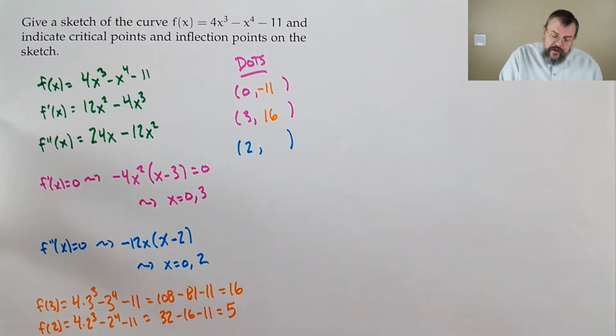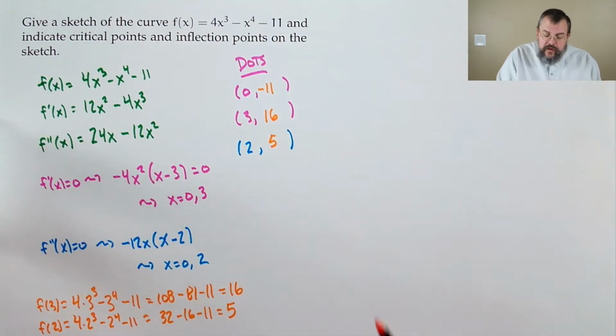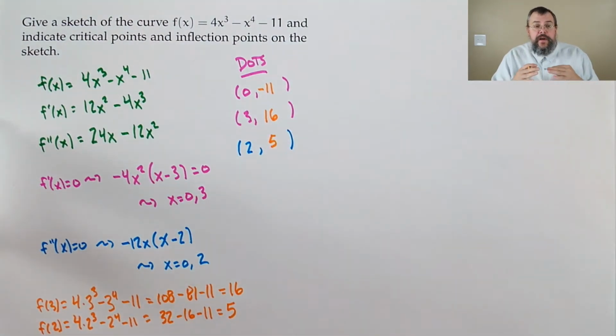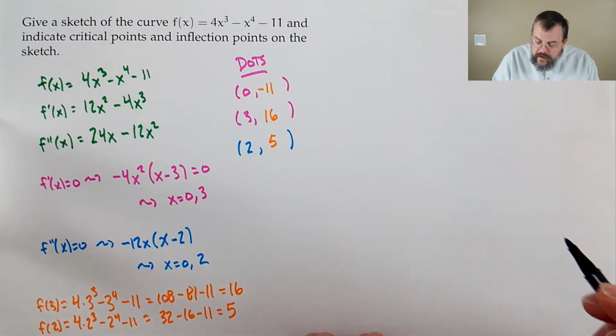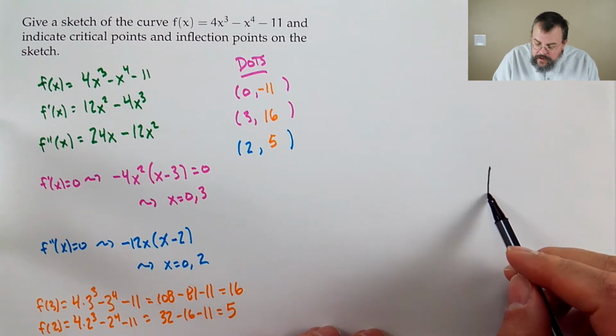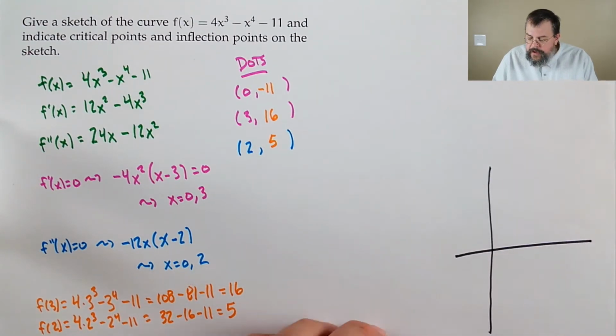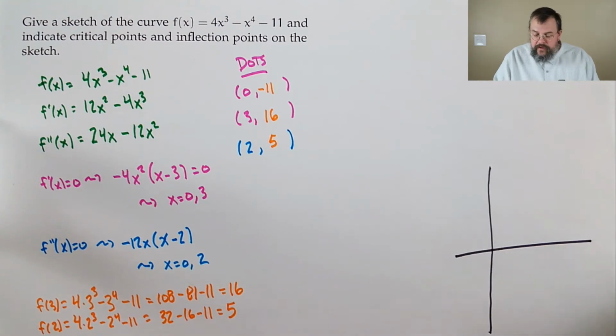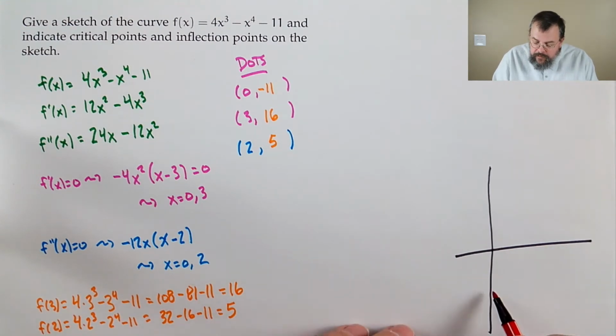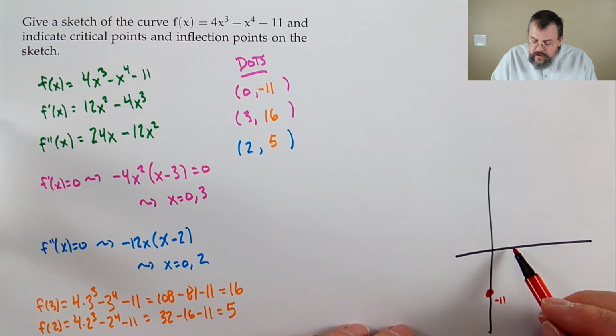Well, the next thing for us to do is we need to understand our behavior. So, what does that mean? Well, let's go ahead and get a little bit further with our drawing here. So I'm going to mark our key points. So we have, say, 0, minus 11. So here's negative 11. We have at 2, 5.